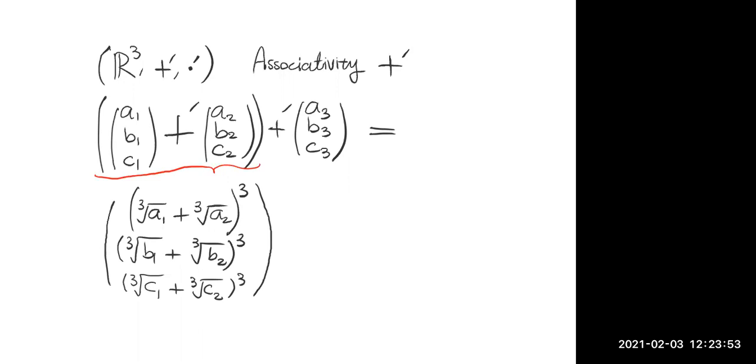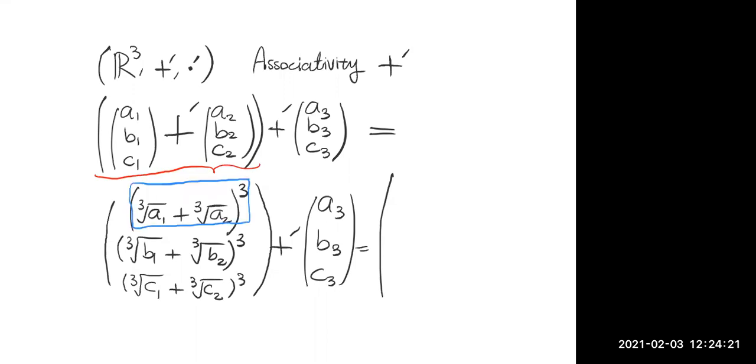Now, I should add this other vector. So it doesn't matter how these vectors look. The formula we had for addition says we should always look at the third root of the first element. So I should look at this first element, this is the new element I'm working in.